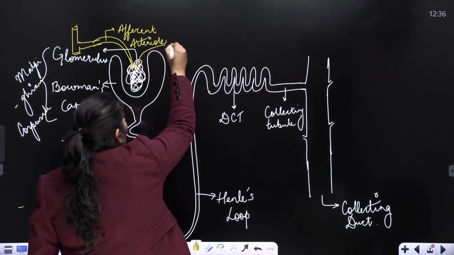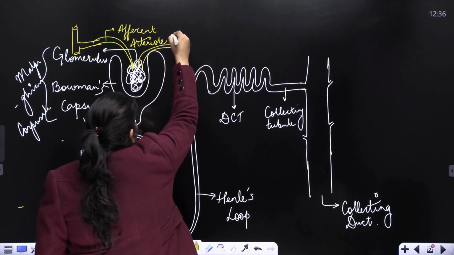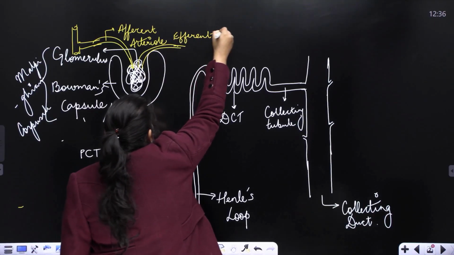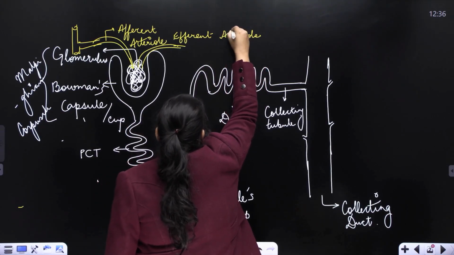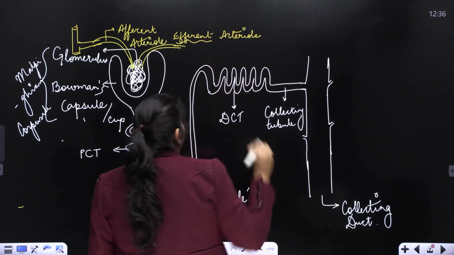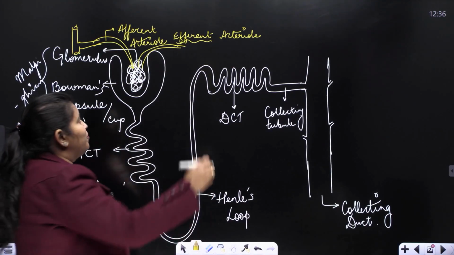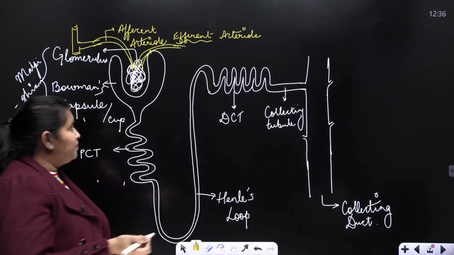So they are carried to the outside of the Bowman's capsule by the efferent arteriole. And this efferent arteriole term is used because the blood is being carried away from the glomerulus. All right.